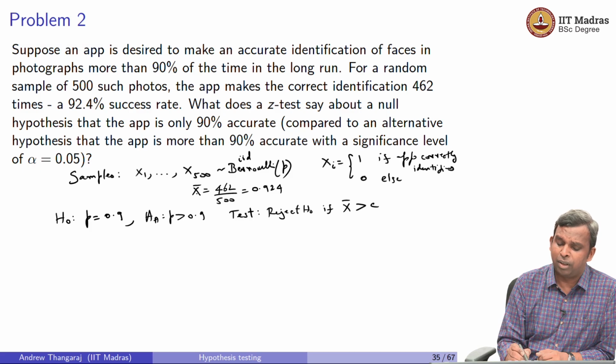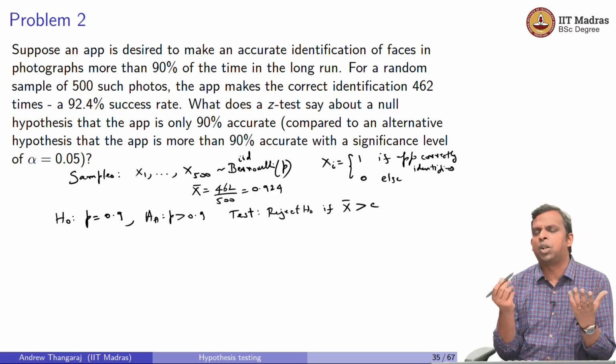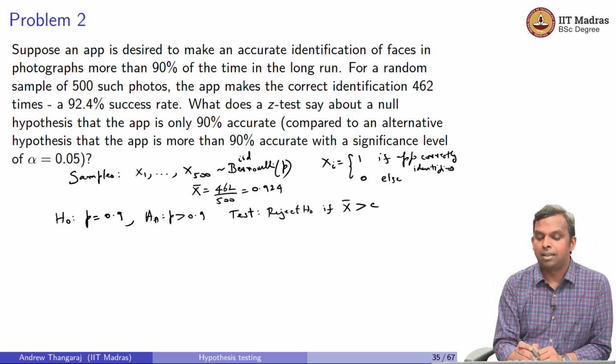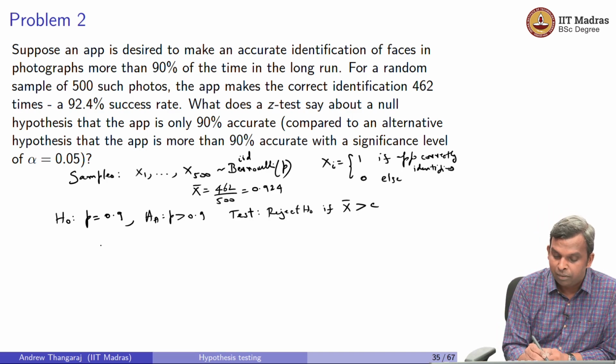You can make a normal approximation here, because this is Bernoulli, and it's a sample mean. The sum of all these things will be binomial, divided by n will also be binomial divided by n. Binomial is very closely approximated by normal. We've seen that before. So we'll approximate the distribution of x bar. So x bar, we will say, is normal with mean p.